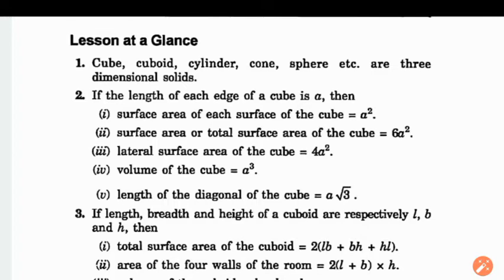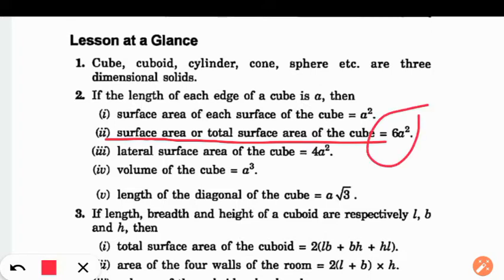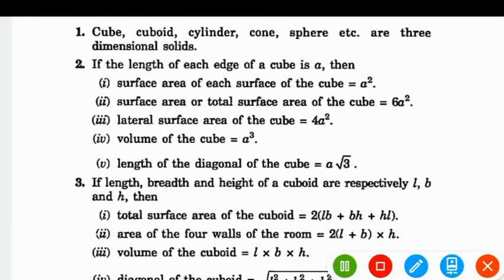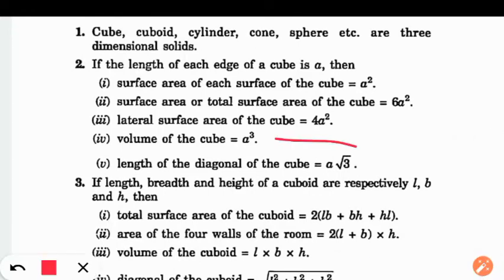Number 2, the total surface area of the cube. We know how many surfaces there are in the cube, I think 6 surfaces. So for one surface the area is a square, so for 6 surfaces the area will be 6a square. Number 3, the lateral surface area of the cube is equal to 4a square, right?